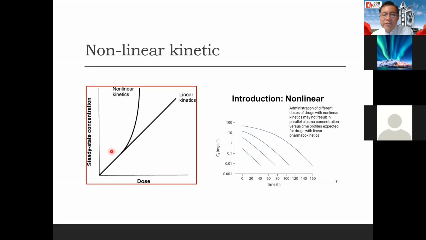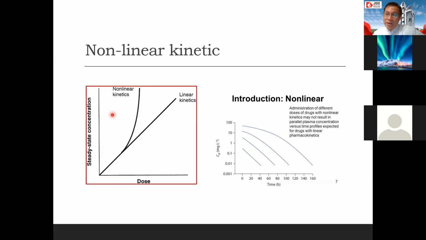That is the linear kinetic. But with the non-linear kinetic, if you double the dose, wow, the concentration can be as high as 4 times, 5 times. So that's what Dia said, unpredictable.